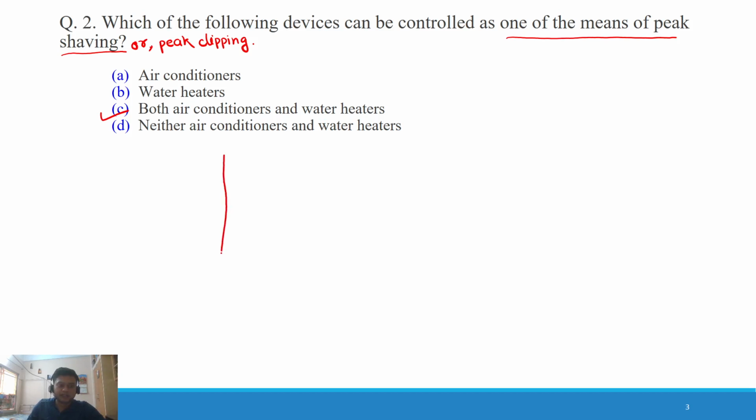If we see the load curve, suppose this is a load curve.